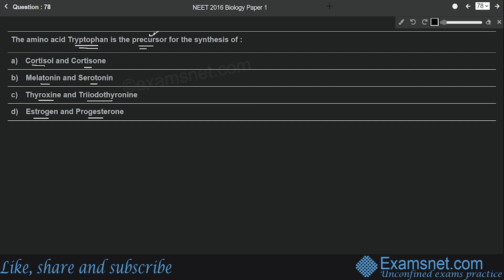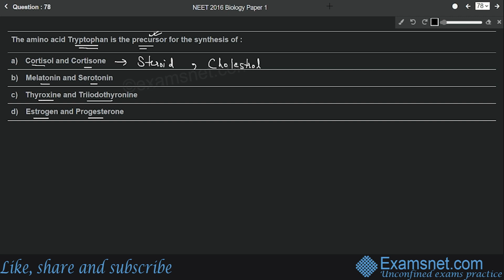It is the starting compound from which the synthesis of any other compound starts. So let's see. In the first one, we have cortisol and cortisone. These are steroid hormones, right? And the precursor for them is cholesterol, not tryptophan. So this is not the correct answer.